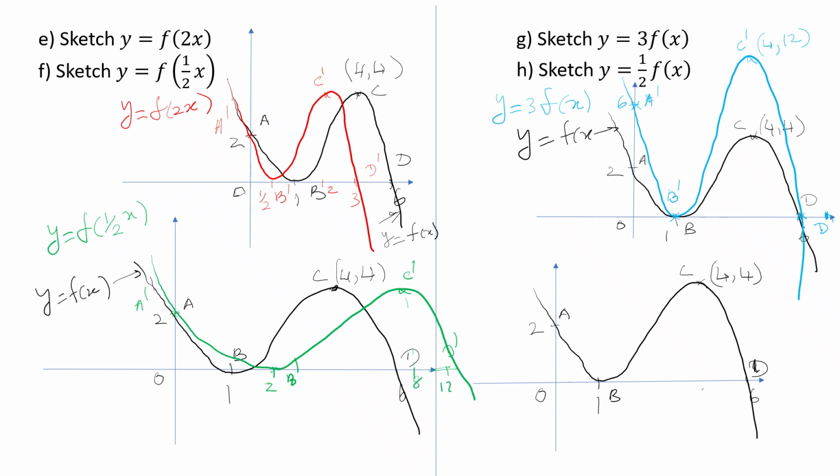So let's take the coordinates. So x coordinate is not changed. So point A, x coordinate is 0, it's not changed. Y coordinate is multiplied by half. So y coordinate is 2, so it becomes 1. So this is new A dash.